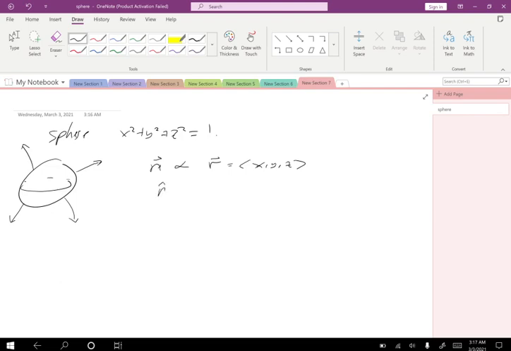So it should be something like r divided by its length. And I think it's going to be the plus sign, right? Because if I reverse the sign of one of these vectors, it would point inside, and we want the outward pointing vector. So that's my claim.